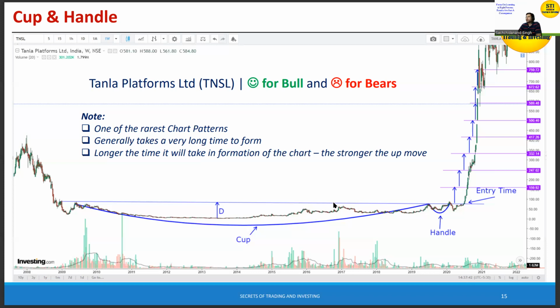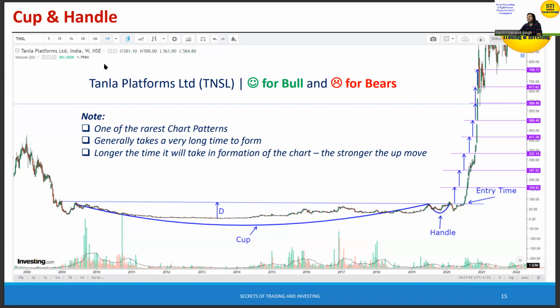Okay. So this particular example is one of my favorites, because I traded this stock personally in 2019. Okay. So why it is called cup and handle is, first of all, it took a very long time to make this kind of formation.